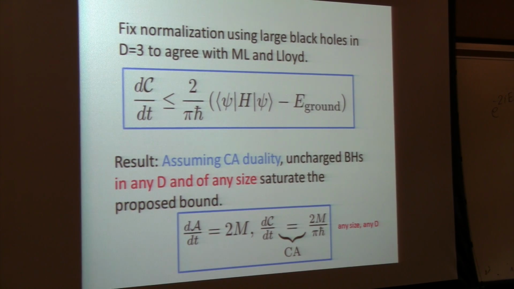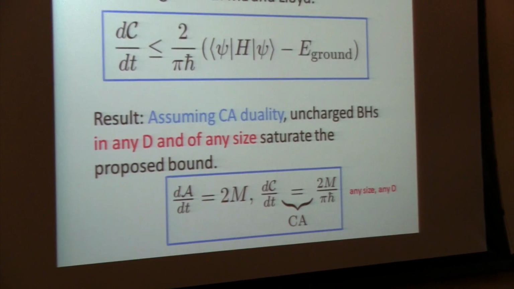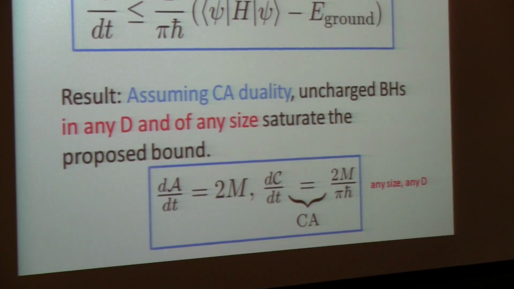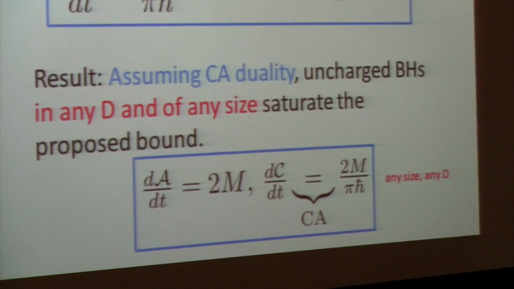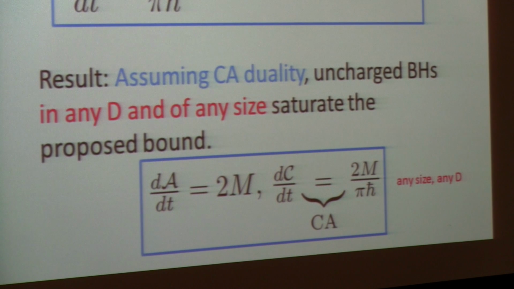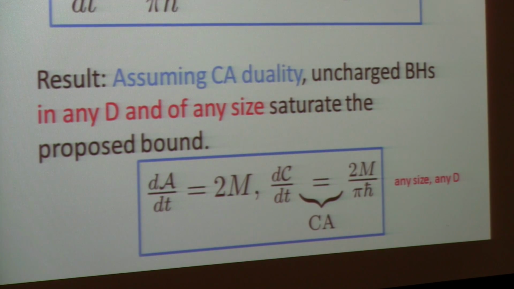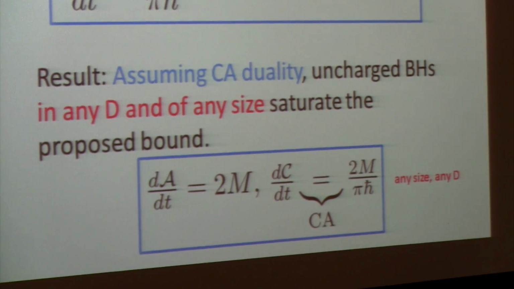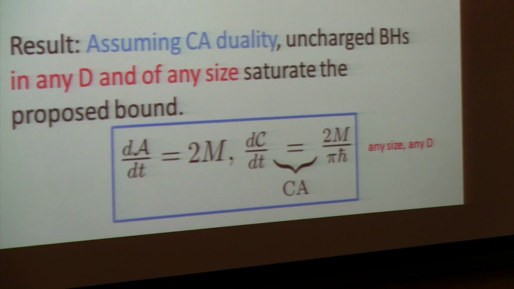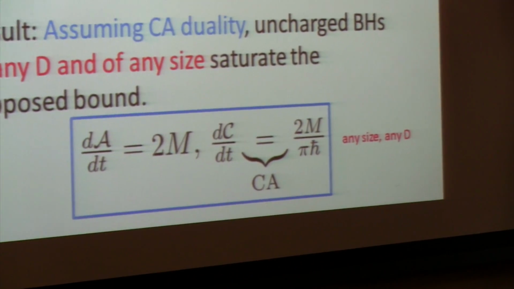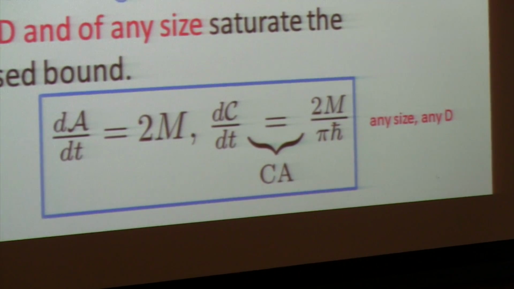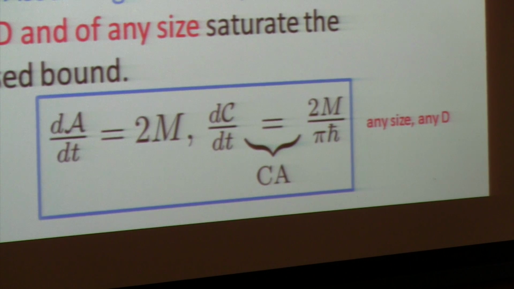Then when I calculate this action growth, I find that every uncharged black hole, in any dimension of any size, saturates the same bound without any need to change the constant. So I fix the constant once and for all, and then it seems that all other uncharged black holes hit the bound.